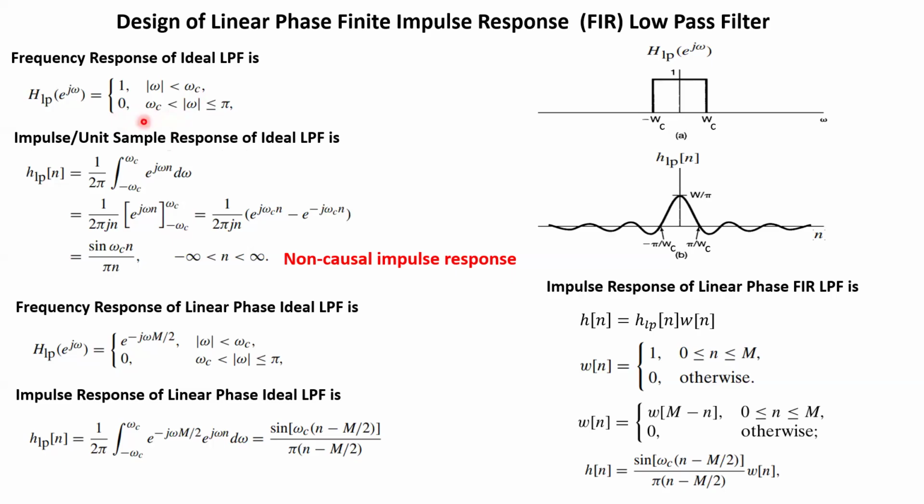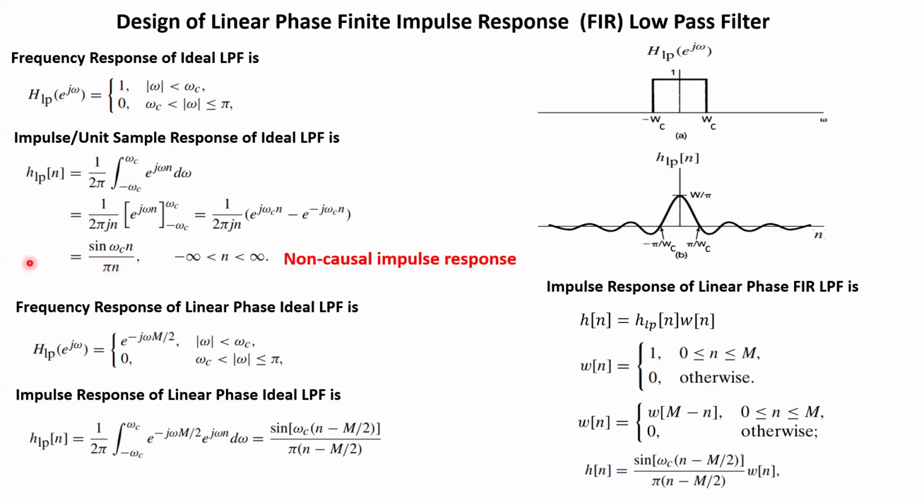If you calculate the impulse response or unit sample response of this ideal low pass filter, you can do it by evaluating this integration, which is nothing but the inverse discrete time Fourier transform definition. Substitute H_LP(e^{j omega}) equals 1 into this equation and evaluate the integration, and you will be able to show that the result equals sin(omega c n) divided by pi n, which is nothing but your sinc function.